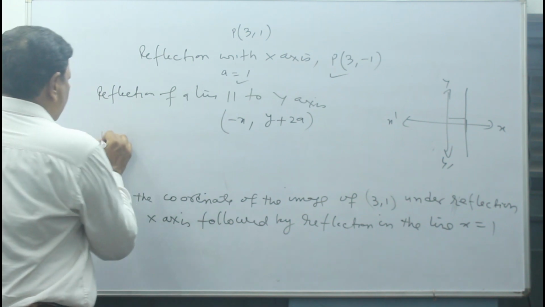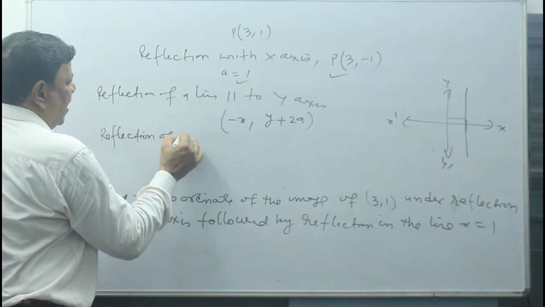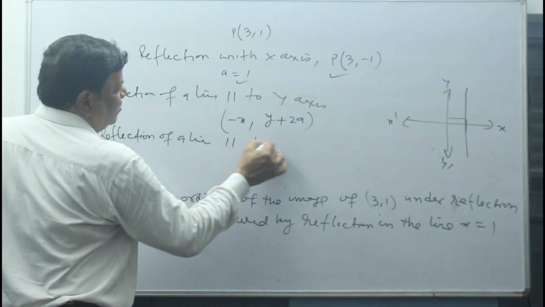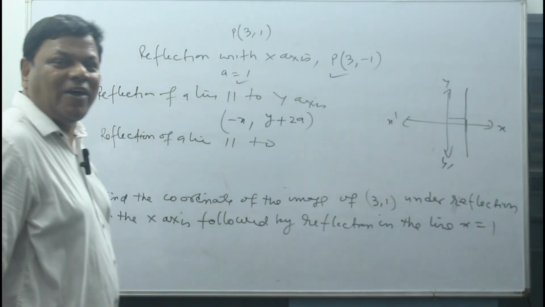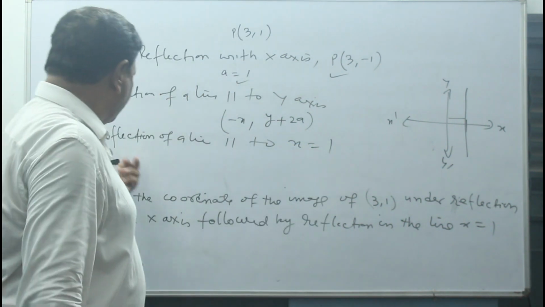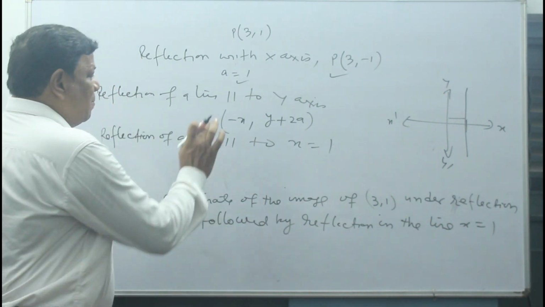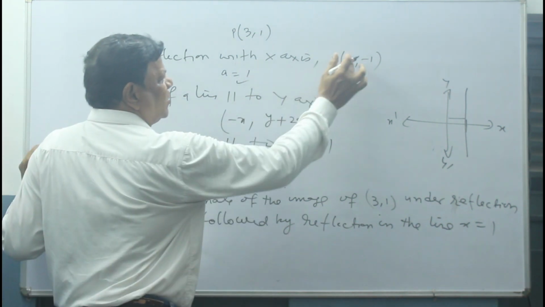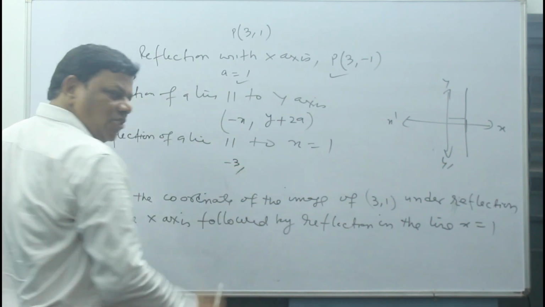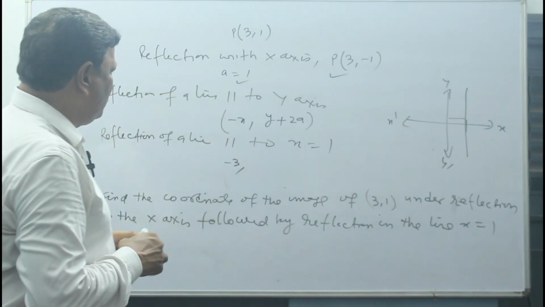Now we have to write reflection of a line parallel to the y-axis, x equal to 1. What is the answer? Minus x. What is given? 3. So it should be minus 3. Okay, children? And no, something wrong.